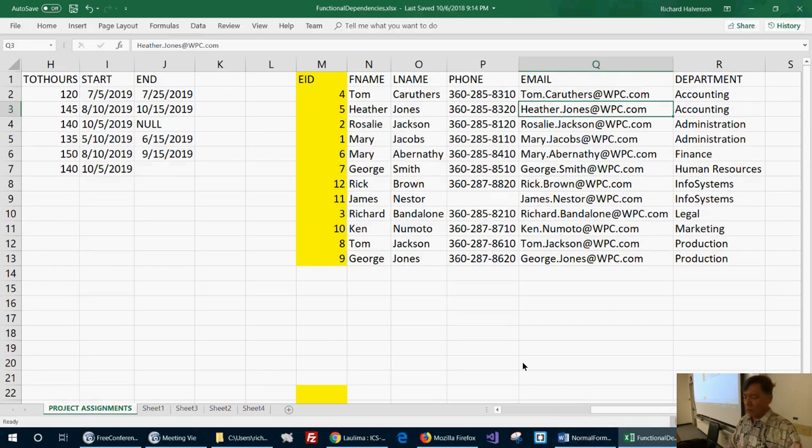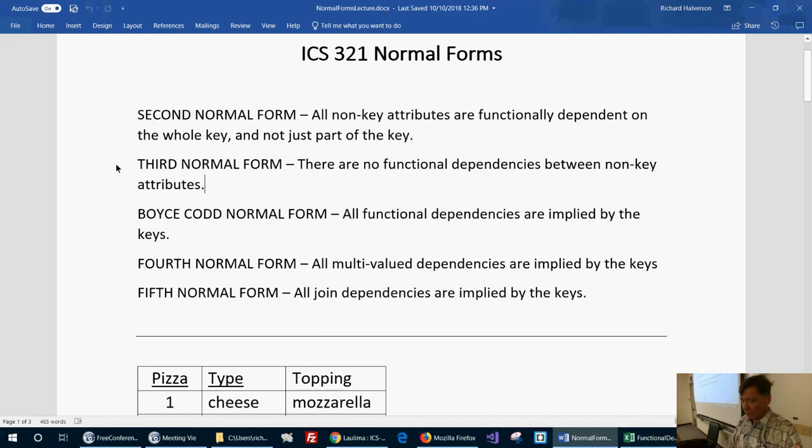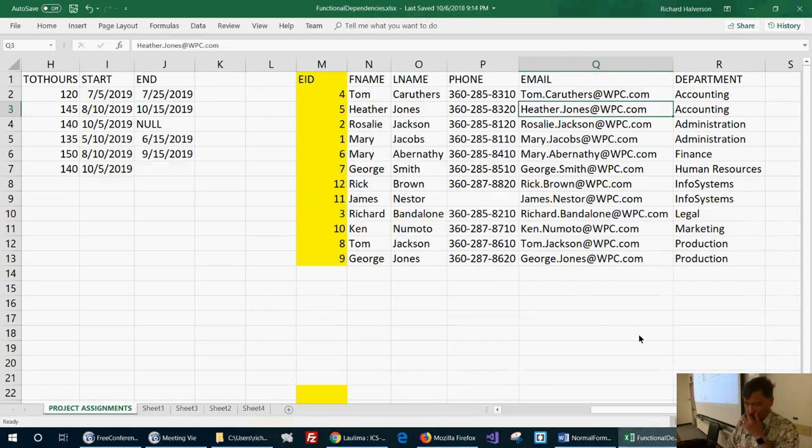All right, so that explains second and third normal form. Third normal form means there are no functional dependencies between non-key attributes. So let's convert this.